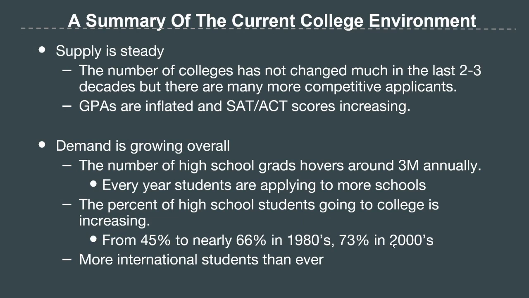If you're a parent listening to this, you may remember going through the process and applying to 2, maybe 4 schools, maybe not even seeing them. Nowadays, that's not really the case. Many students apply to a minimum of 7 to 12 schools, and therefore the competition again gets more and more intense.